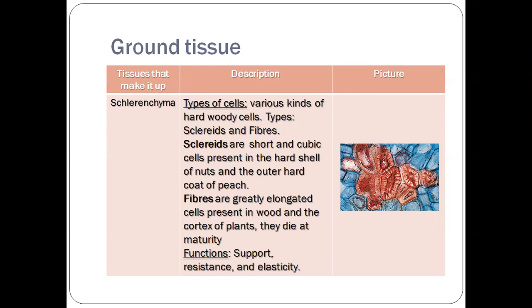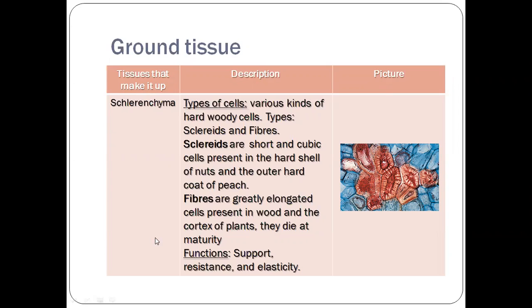Y si pensamos en otras semillas que tienen esta corteza dura, estamos hablando de sclerids, sustancias o células que van a estar formando este tejido alrededor de la semilla. Fibers are greatly elongate cells present in wood and the cortex of plants. They die at maturity.